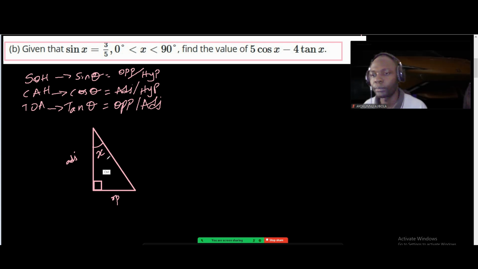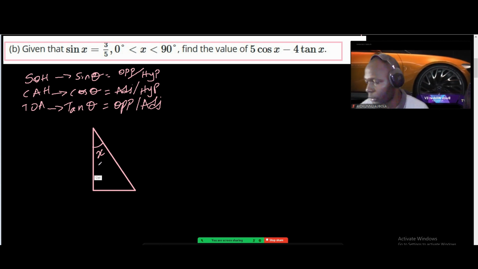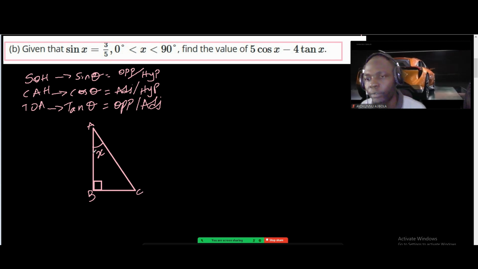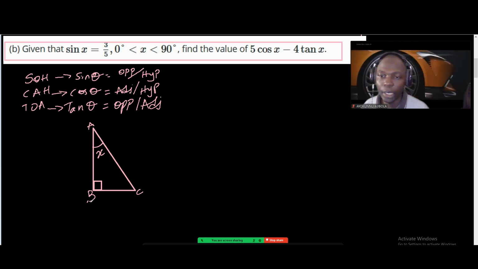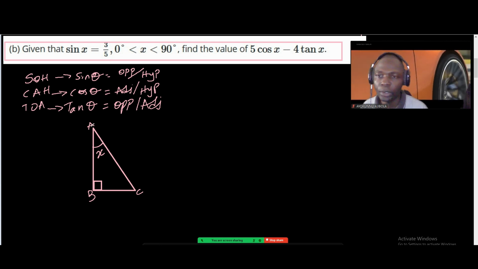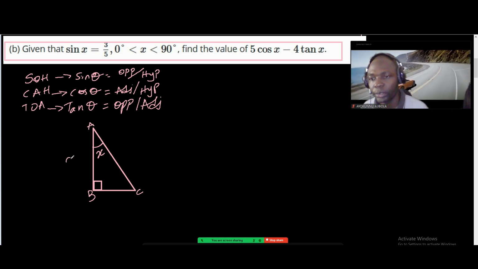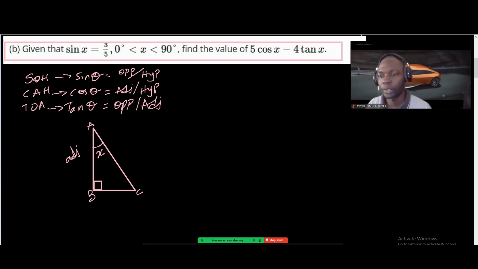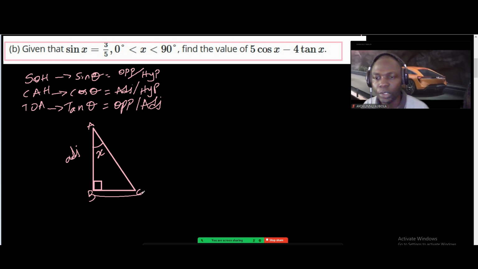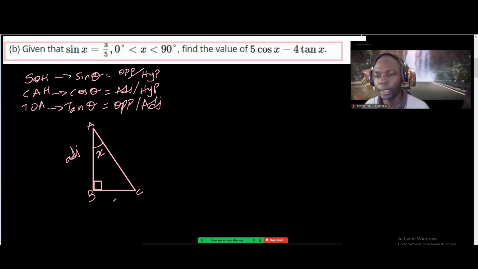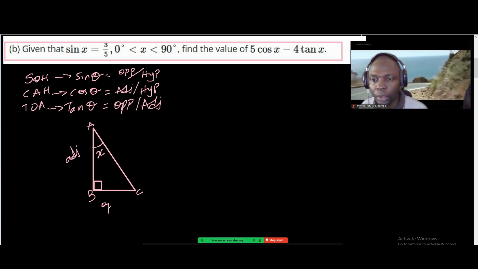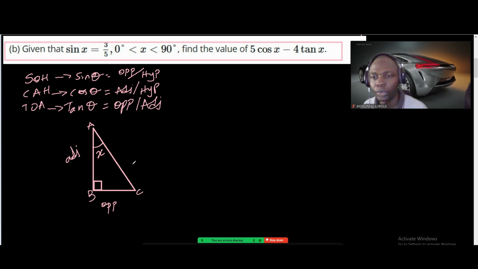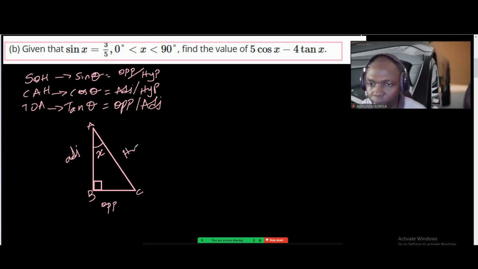So let me label it A, B, and C. We have three lines, line AB, line BC, and line AC. Line AB is the adjacent. So if you see adjacent in the formula, we're referring to line AB. Then opposite is the line facing the angle x, so line BC is the opposite, while the other line, AC, facing the right angle, is the hypotenuse.